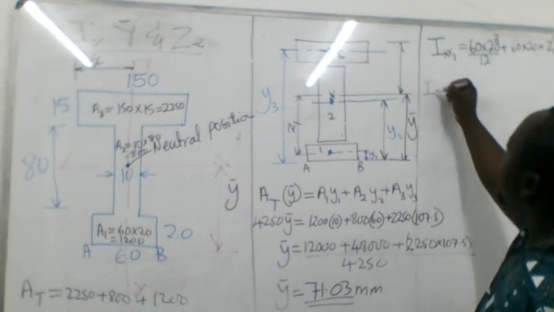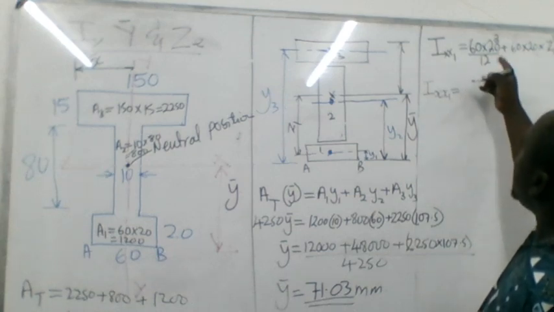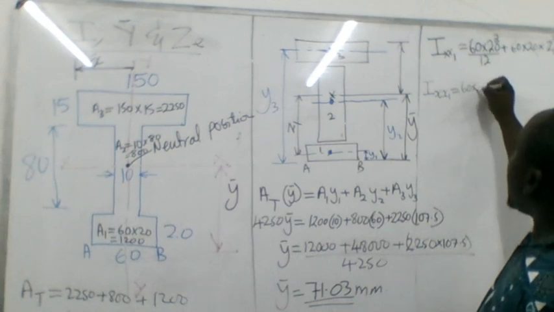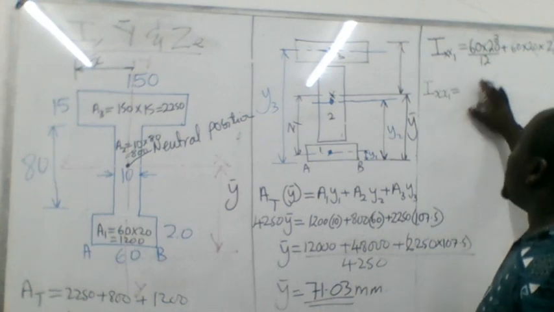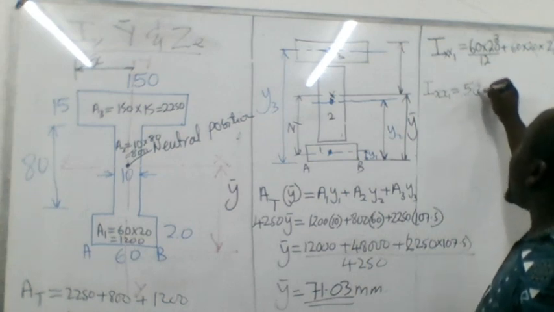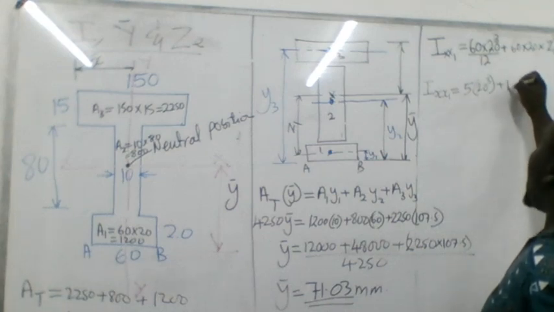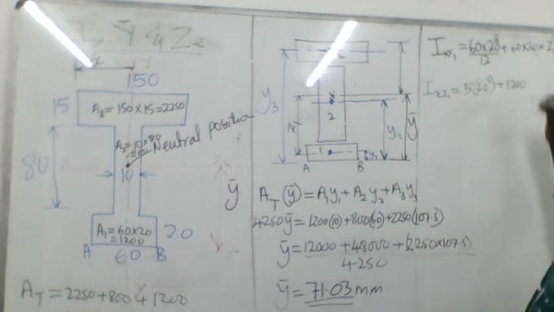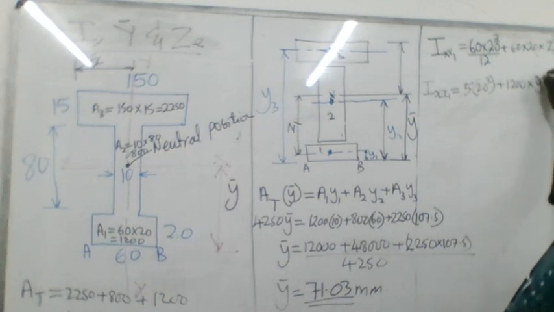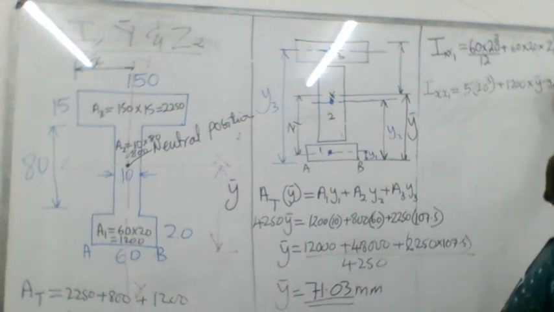So IXX1 is equal to 60 times 20 over 12. 12 into 60 is 5, so 5 times 20 cubed, plus 1200 times y bar minus y1, squared.